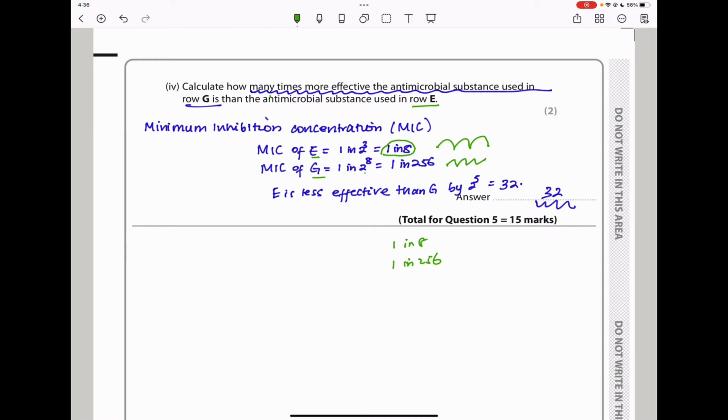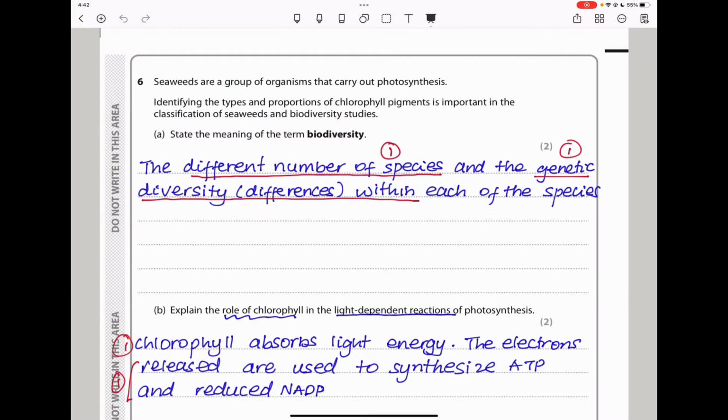In this case, they were asking how many times more effective? 32 times. So E is less effective than G by 32 times, or you would say G is 32 times more effective than E.